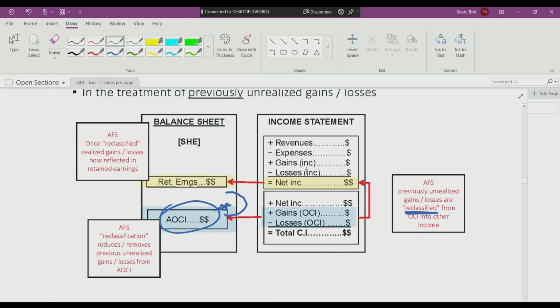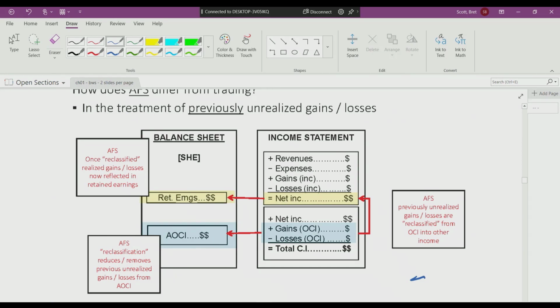What we're going to do here is show a reclassified, for instance, gain at the bottom, and then an actual gain up at the top. By doing that, if we have a gain, we'll get rid of it from AOCI when we close the account. The reclassified account will close out or empty out AOCI, and then we'll stick it up into retained earnings where it belongs. This sounds more complicated than it is.